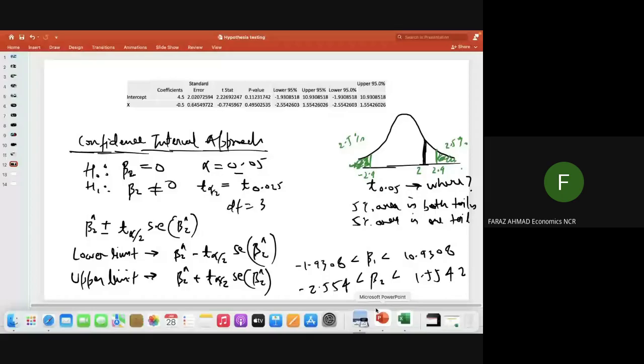So we have this lower and upper limit for beta 1 and beta 2, and the alpha associated is 5%. So the confidence level is 95% in this case.